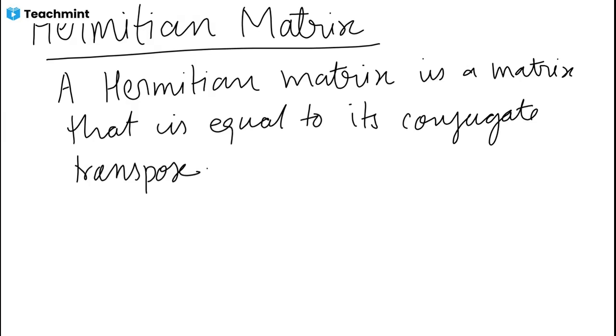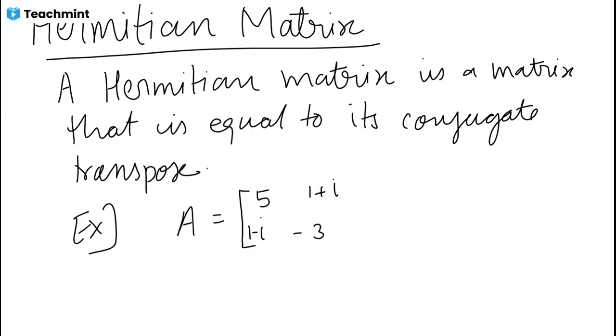We can understand this by using an example, like we have matrix A having 5, minus 3 and 1 minus iota and 1 plus iota.